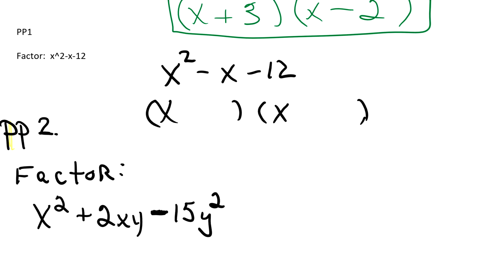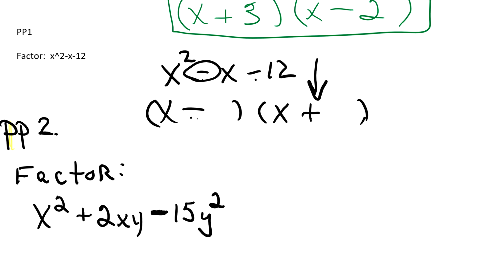X here, copy down the sign between the first and second term, and then determine what sign this is going to be. If this is negative and this is negative, that means this has to be positive, because a negative times a positive is a negative.